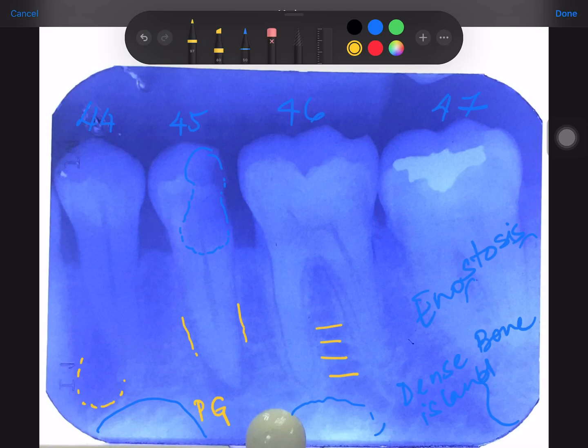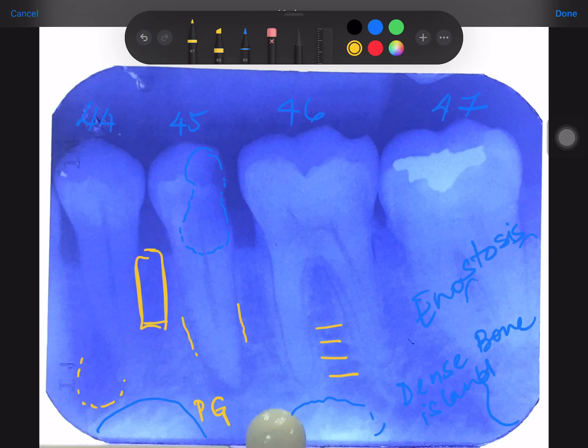Periodontal. What is it? Say it louder. Location for lateral periodontal cyst? The location for a lateral periodontal cyst would be more likely somewhere here, this area. But this is more like the apex of the tooth.